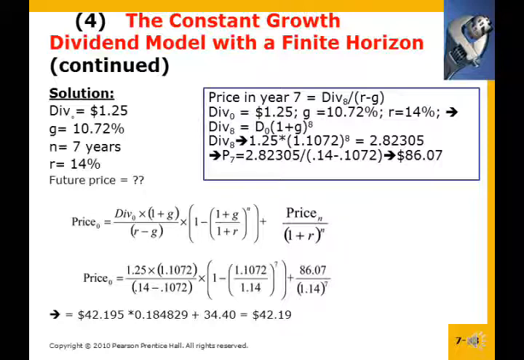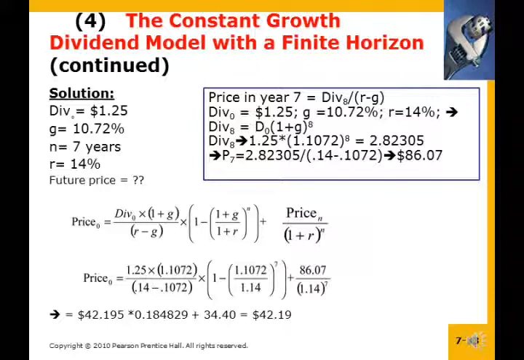You will depend on 2 rules from the third model to get price n. The first one, you have to apply the general rule, which is price T equal dividend T plus 1 divided by R minus G. In our problem, the T is 7.